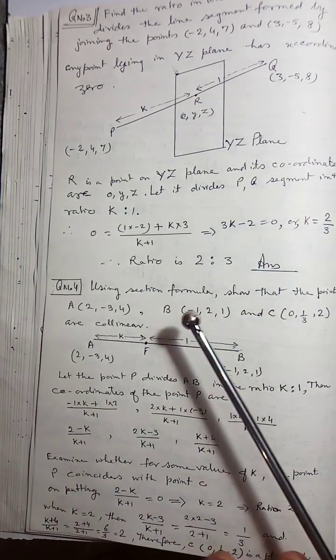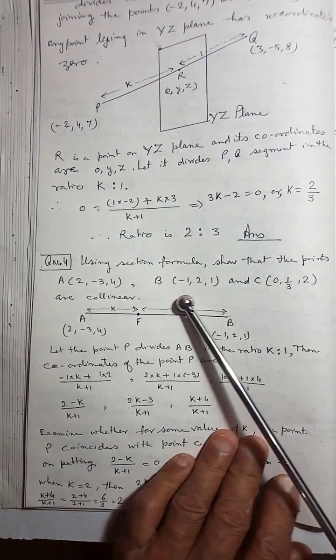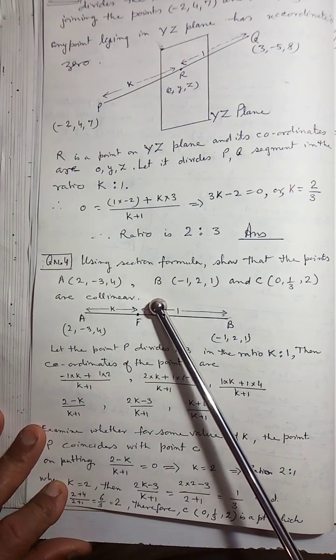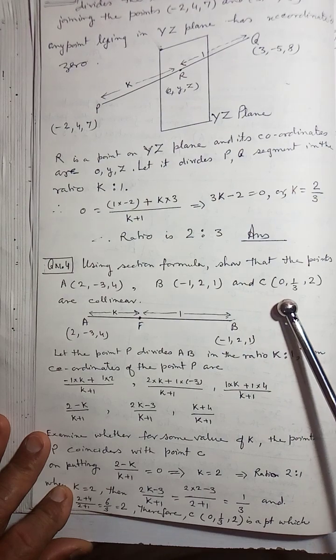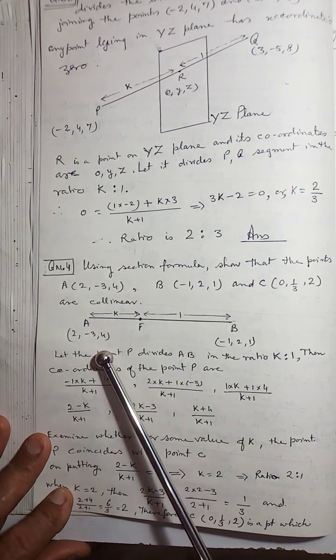Now come to question number 4. Using the section formula, show that the points A (2, -3, 4), B (-1, 2, 1) and C (0, 1/3, 2) are collinear.